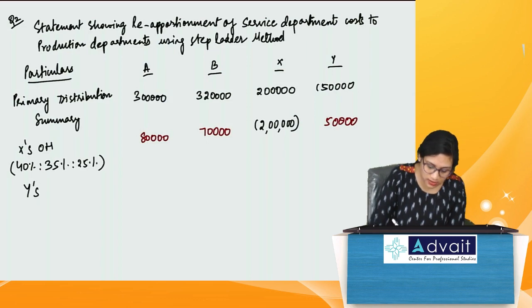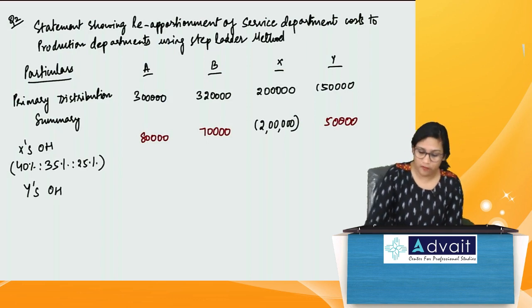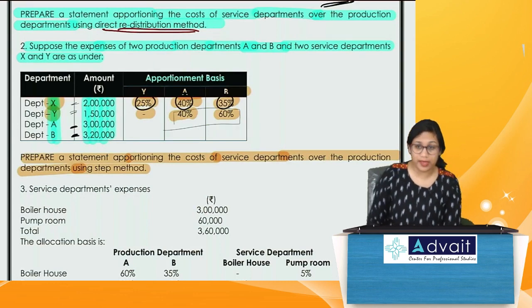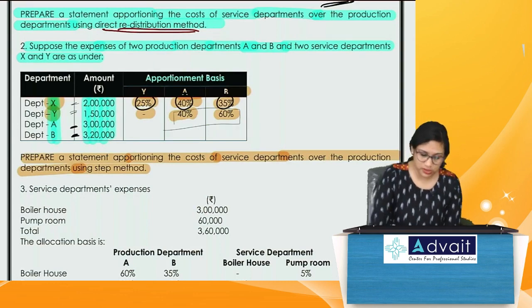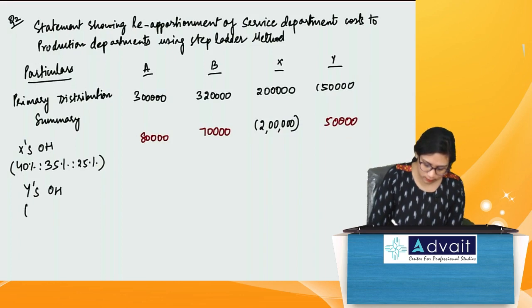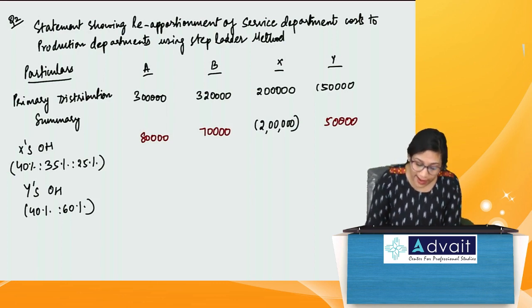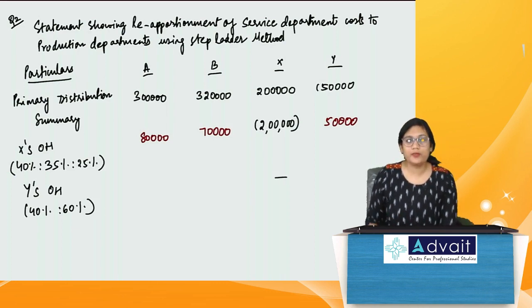So Y's overhead. What are they saying about Y's overhead, guys? It only goes to A and B in the ratio of 40:60. But guys, how much of Y will go to A and B? So nothing comes to X, we know that. Let's put dash.